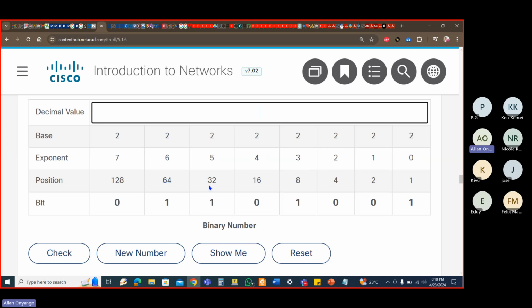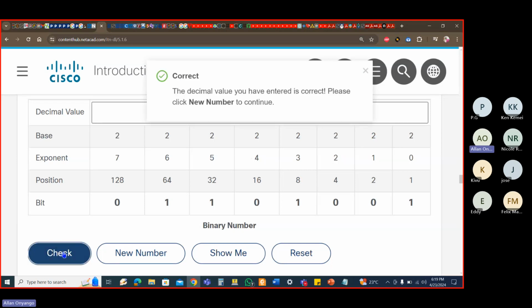What is 64 plus 32? 96. Very good. 96 plus 8, 104. 104 plus 1 is 105. Yes. That's how we do it here.